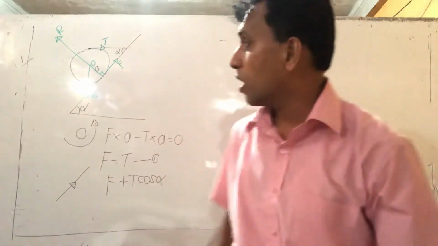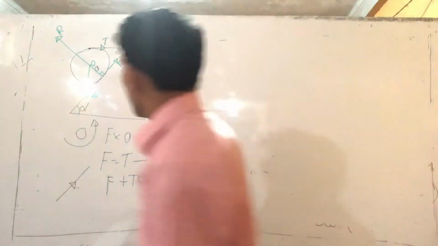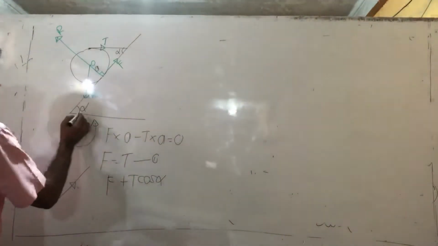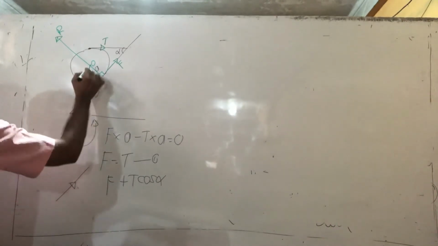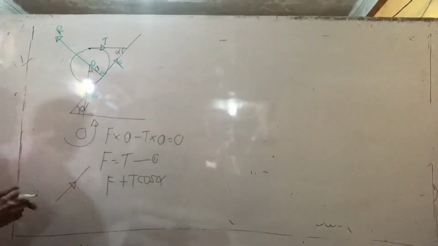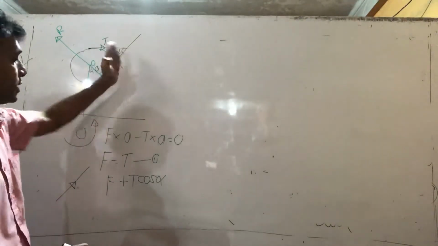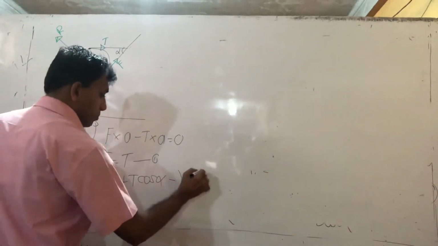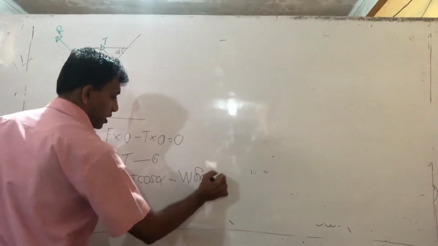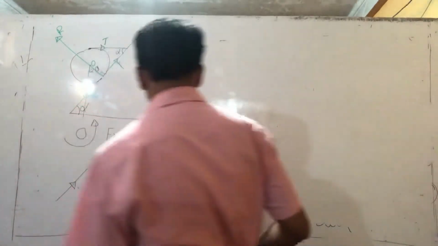But the W component is there: alpha, 90 minus alpha. So W cos alpha, then W sin alpha downwards, minus W sin alpha equal to 0.